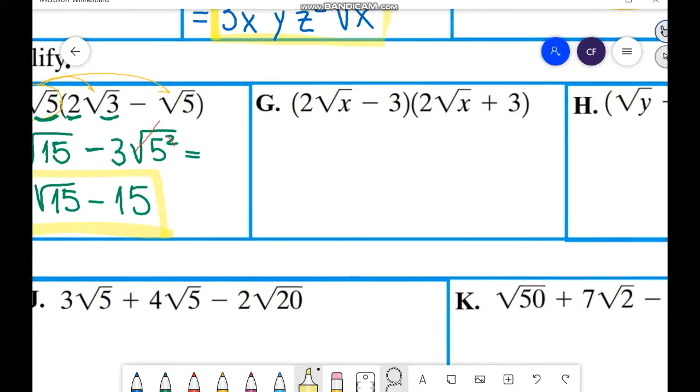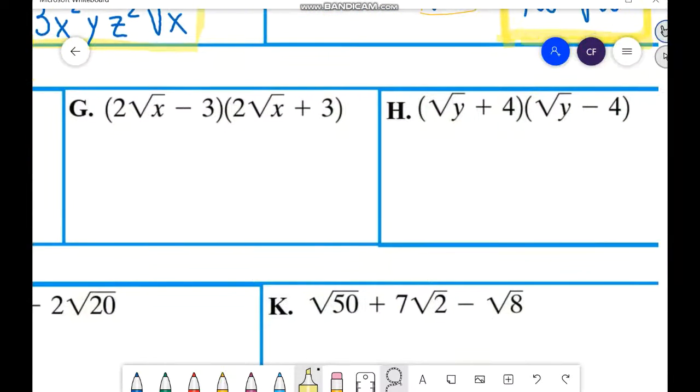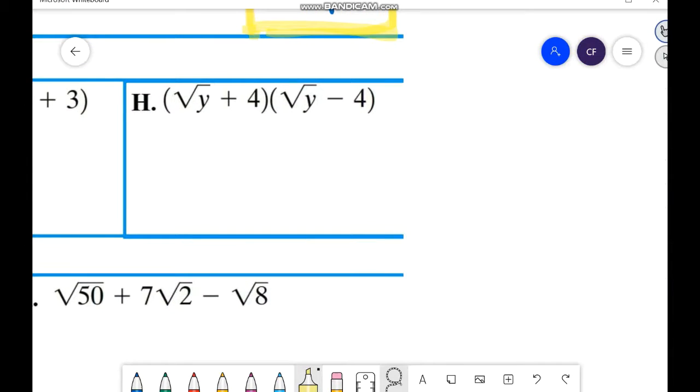I will skip this one and work on letter H because it's kind of the same formula. We will apply a special case. We have been working with this special case a lot in chapter 4 and chapter 5. I don't know if you remember, but I'm going to show you here again. A plus B times A minus B equals what?